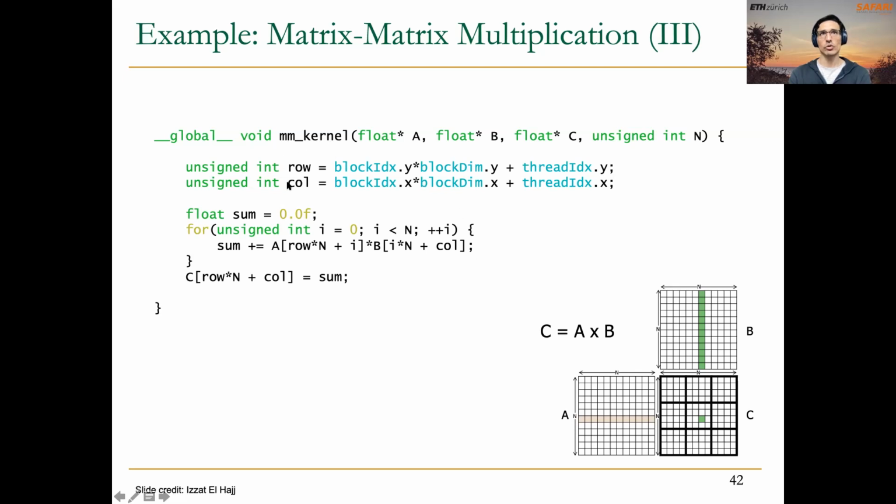First, we calculate the row and the column the same way as we saw before, based on the block index, the block dimensions, and the thread index. By using this row and this column, we access the corresponding elements of matrix A and matrix B, perform the multiplication and accumulation, and after being done with the whole row and the whole column, we will have the result in this sum variable, and we store this result in the corresponding element of the output matrix C.